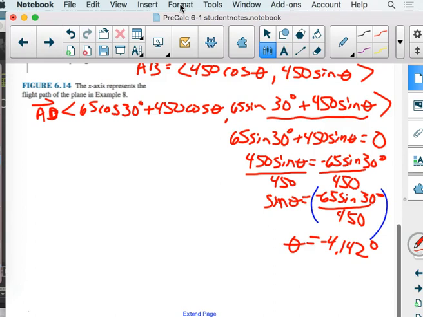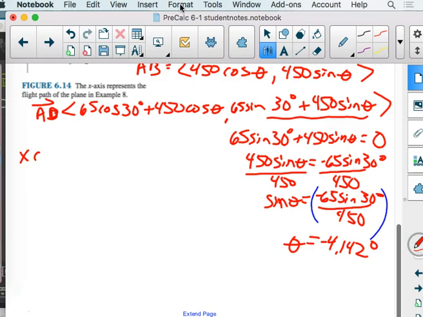Okay, now we know what theta is. We also know what the y portion of our component form of the vector is. It has to be 0. But we don't know the x component yet. Can we find that now that we know what theta is? We sure can.